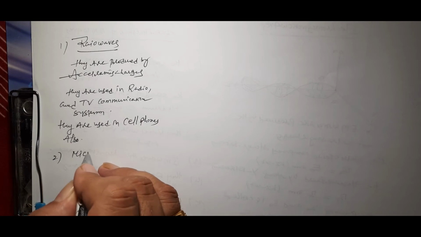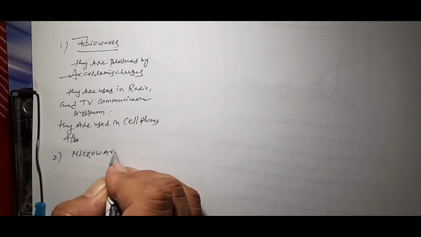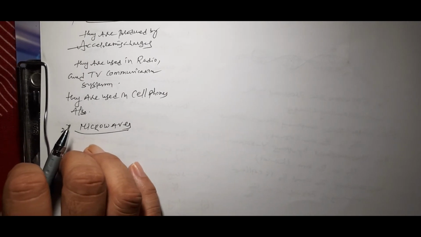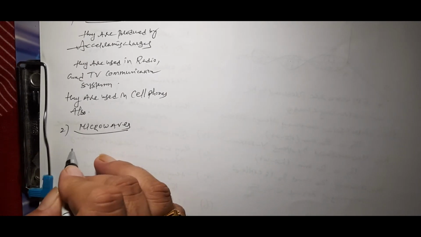Now we are going to discuss another type of electromagnetic waves, microwaves. Microwaves have a short wavelength.